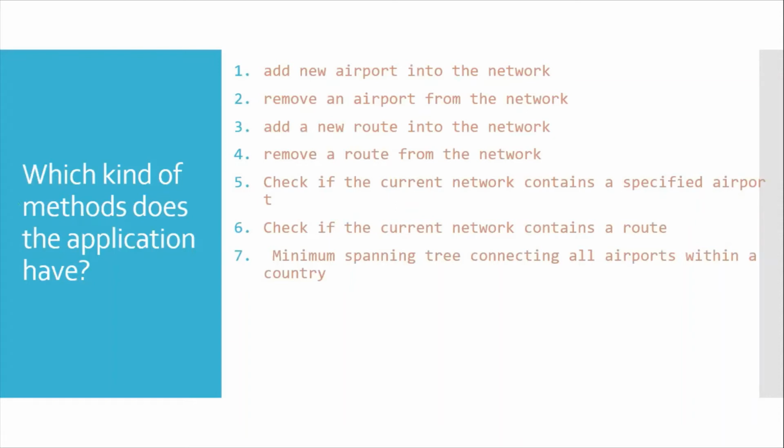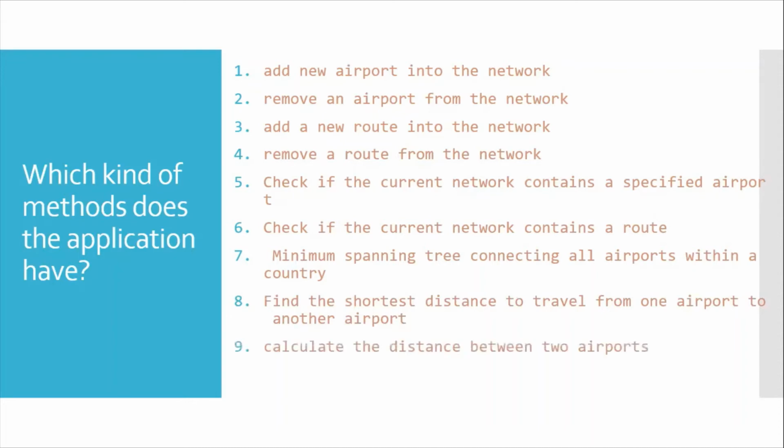This application can also view the minimum spanning tree connecting all airports within a country, and the shortest distance to travel from one airport to another airport, and calculate the distance between two airports. So for time saving, I will only demonstrate these two methods.